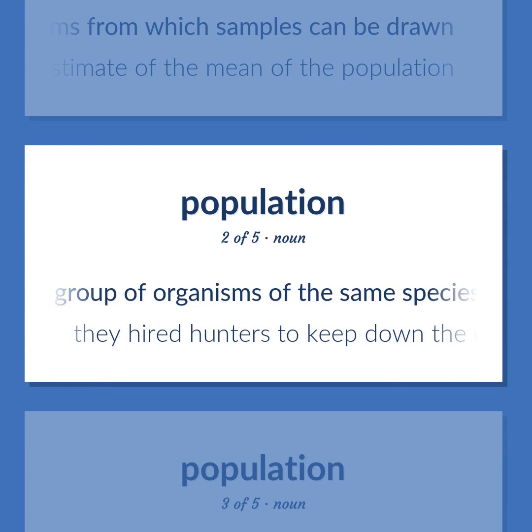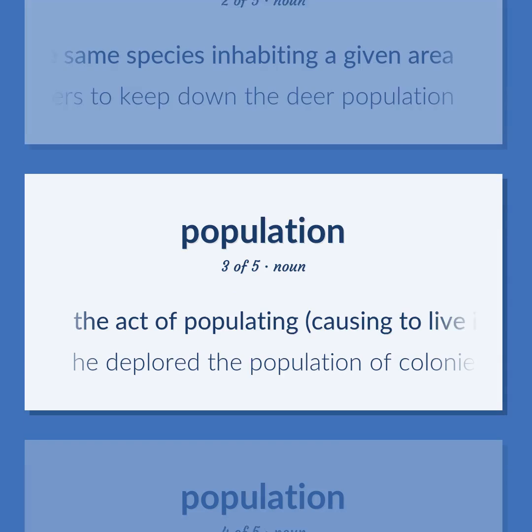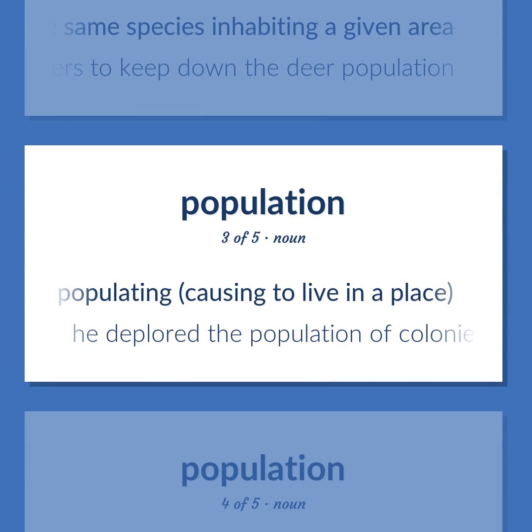A group of organisms of the same species inhabiting a given area. They hired hunters to keep down the deer population. The act of populating, causing to live in a place. He deplored the population of colonies with convicted criminals.